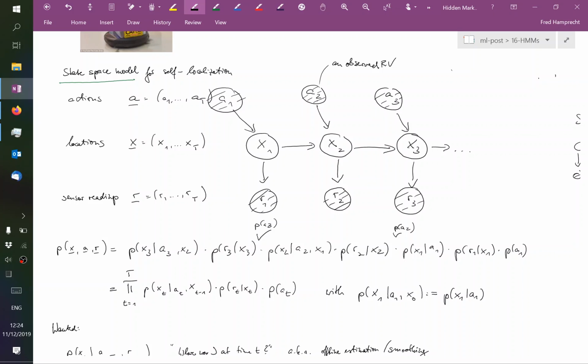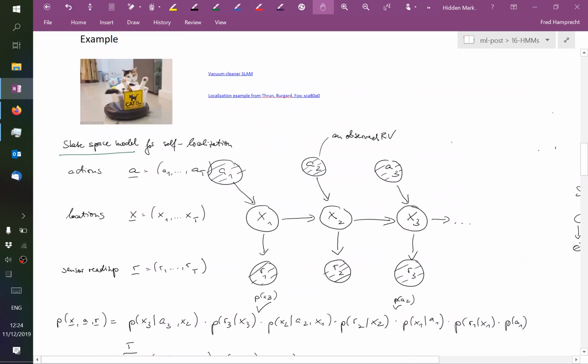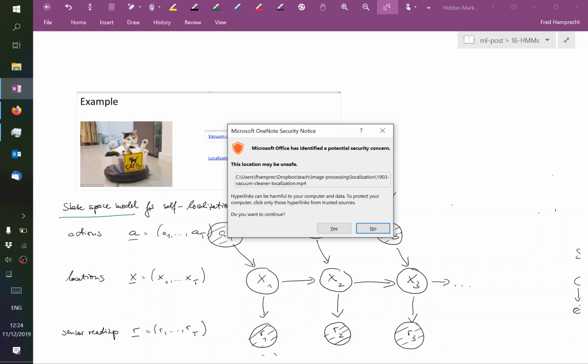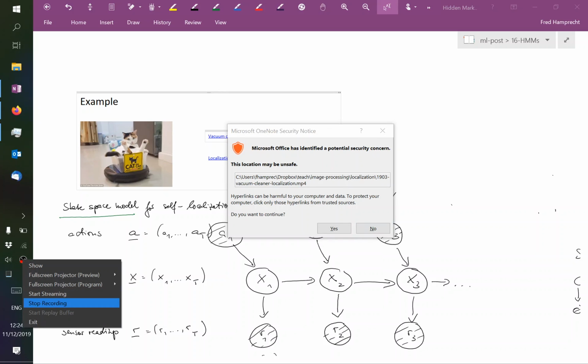Whenever I eliminated one variable after the other, I obtained a new factor that depended on just one variable. It was very easy to marginalize over. When I have loops, variable elimination still works, but I obtain huge factors. And this is why SLAM is a much harder problem, so hard, in fact, that a lot of approximations are being used in making it run. But still, these house cleaning robots have a pretty good approximation built in.